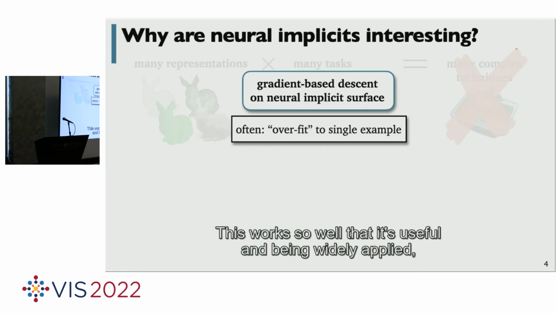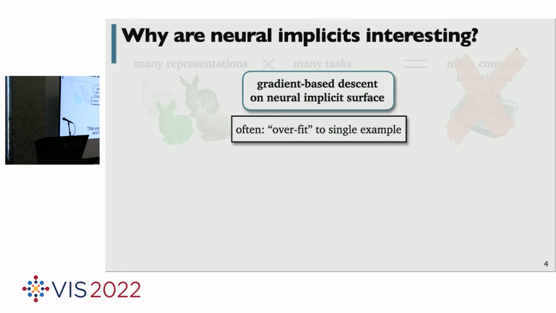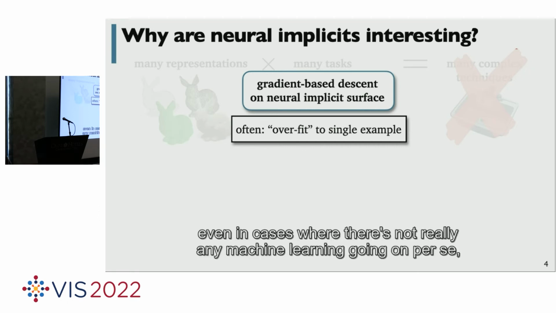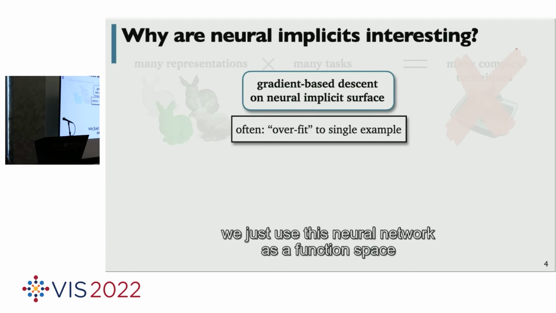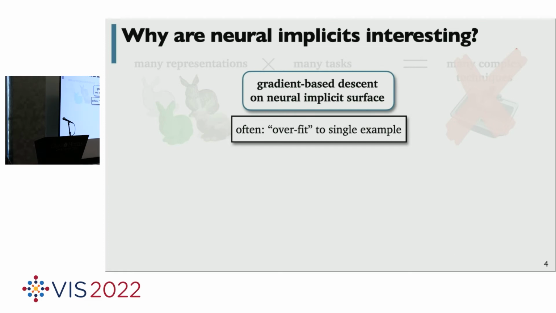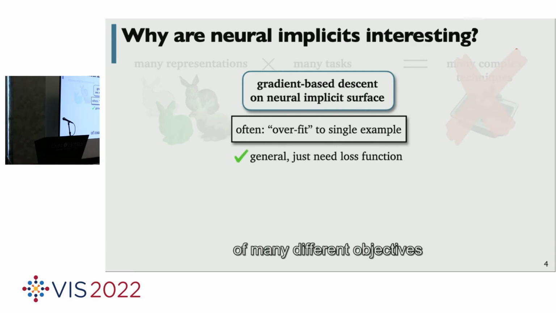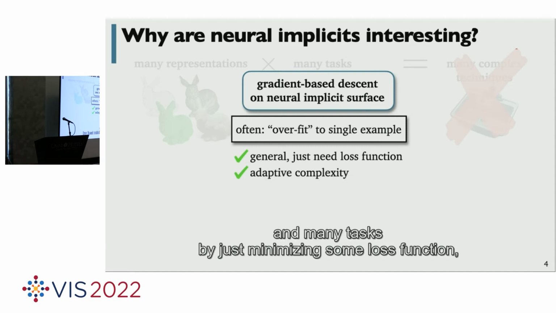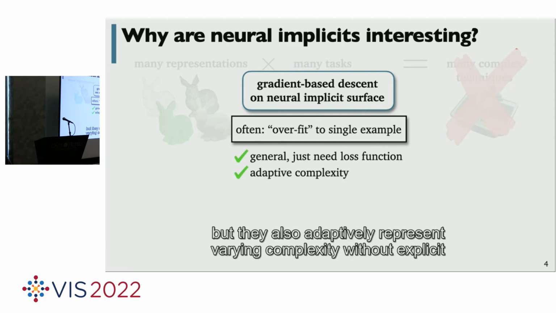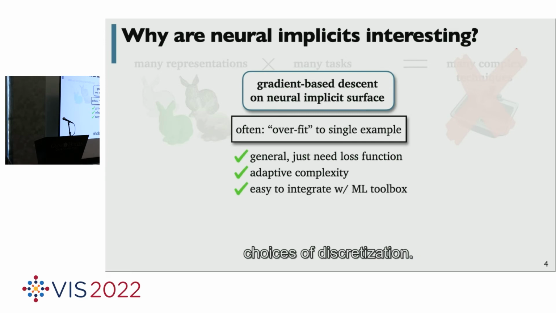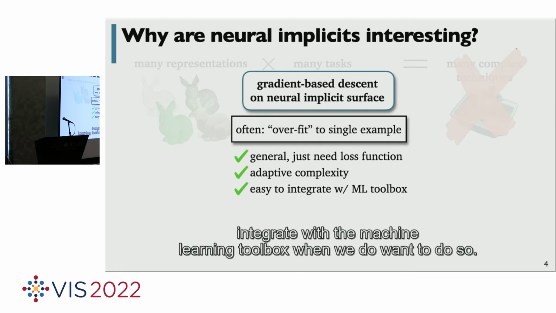This works so well that it's useful and widely applied, even in cases where there's not really any machine learning going on per se. We just use this neural network as a function space to solve a single problem of interest. Not only do these neural implicit representations often ease optimization of many different objectives and tasks by just minimizing some loss function, but they also adaptively represent varying complexity without explicit choices of discretization. They're easy to integrate with the machine learning toolbox when we do want to do so.